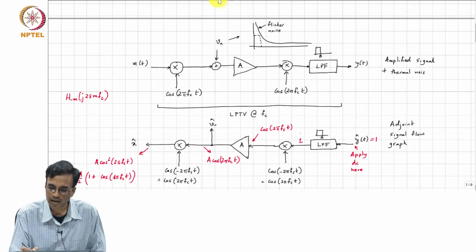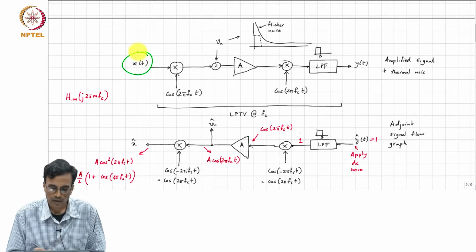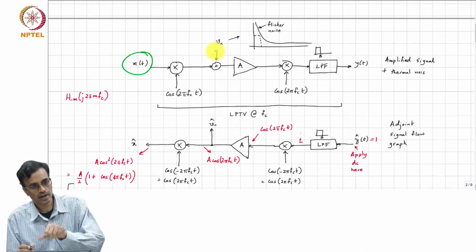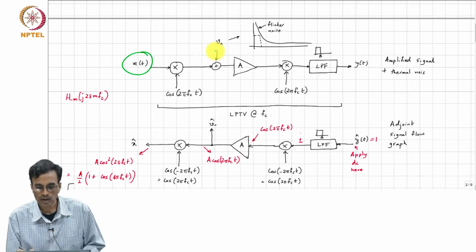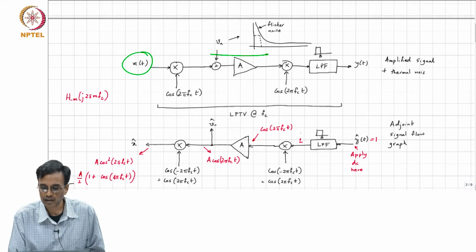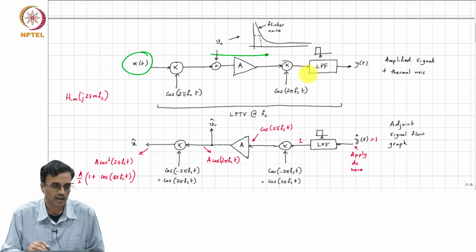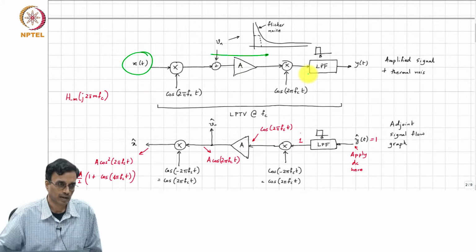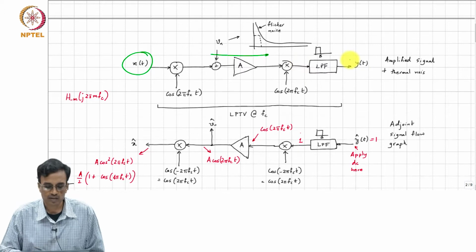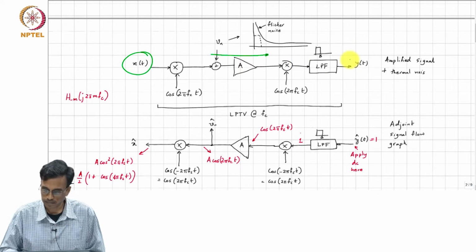If you have an input at 2fc, when you multiply it by cos 2 pi fc t, there will be one component at 3fc and one at fc. That fc component will get amplified through the amplifier, and then a part of that will get demodulated: half of it will come to DC, another half will go to 2fc. That is what you are seeing at the output.